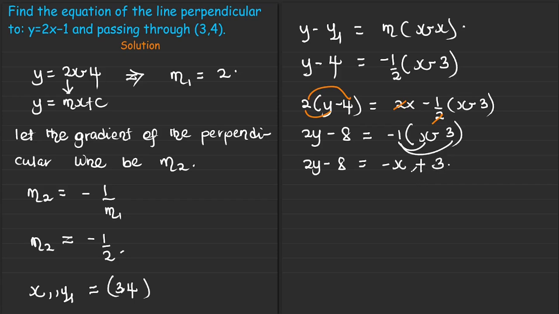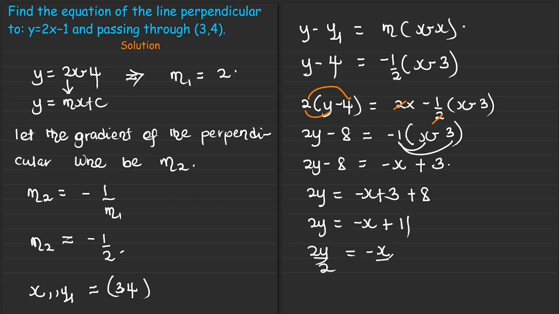We need to make y the subject. So we have 2y equals negative x plus 3, then the negative 8 moves to the other side to give us a positive 8. Simplifying further, we have negative x plus 11. We then divide each and every term by the 2.